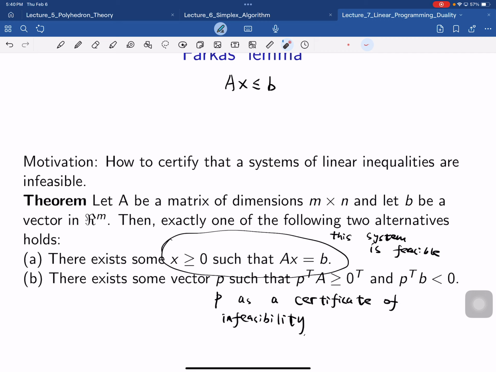Okay, yeah. So now you can imagine what happens when you use Gurobi to solve an optimization problem, right? And then when the solver tells you this problem is infeasible, what is the solver doing, right? Maybe if it's an LP, it actually finds such a vector p and tells you it found a conflict and tells you it's infeasible, right? Okay.